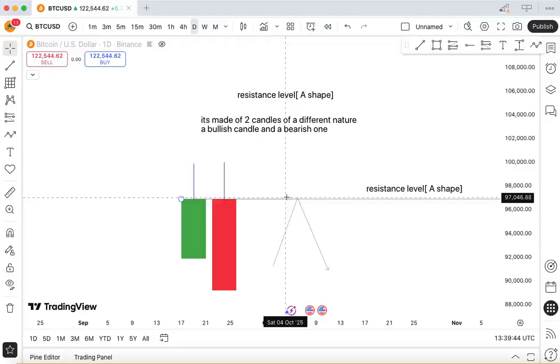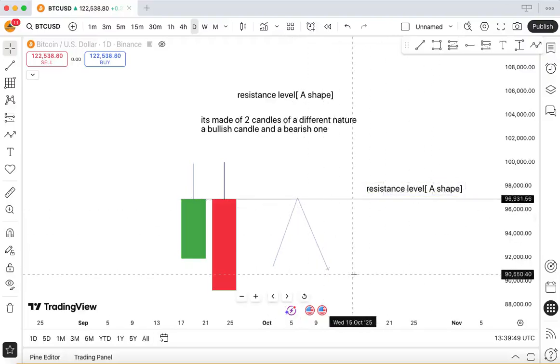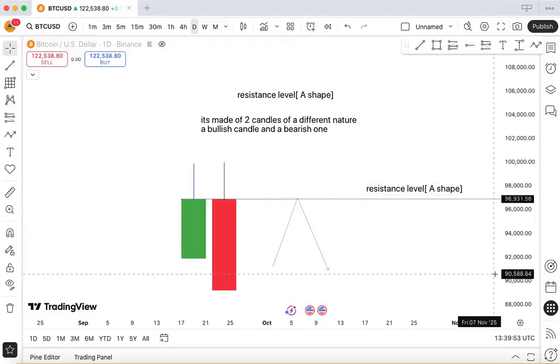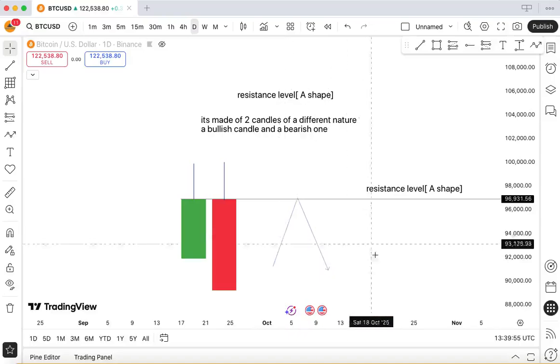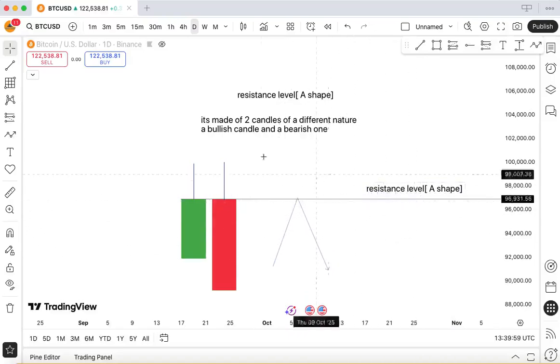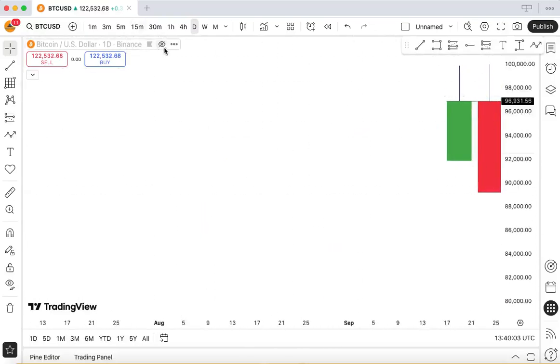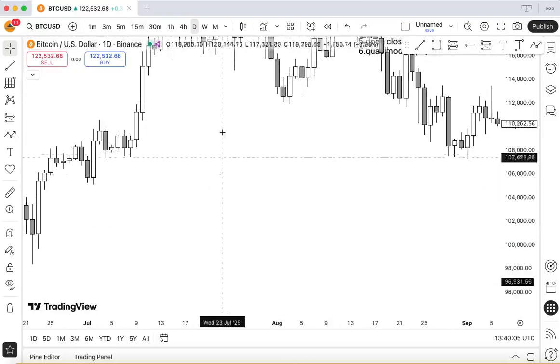The edge for the A shape is the resistance level. The edge for the V is the support level. So let us look at like 3 to 4 examples of resistance level, then we move on to something else.